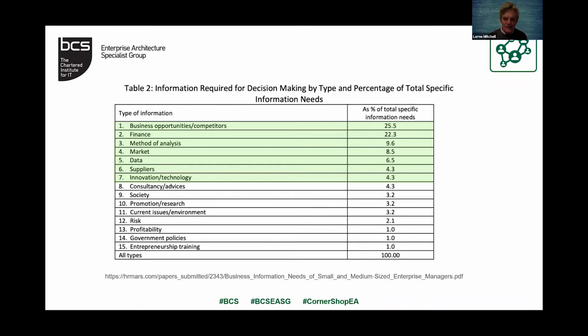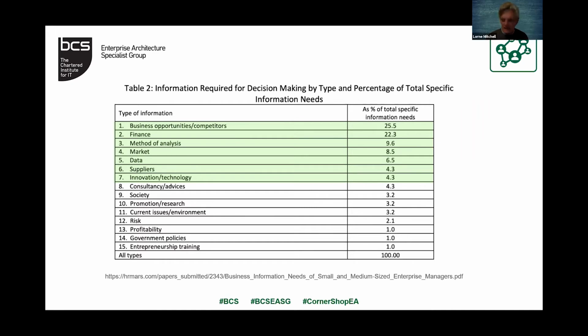And therefore data tends to stay in silos of each part of the organization. And I think that's one of the main challenges with an EA mindset: coming across organizations where the data is still very much kept in those silos.